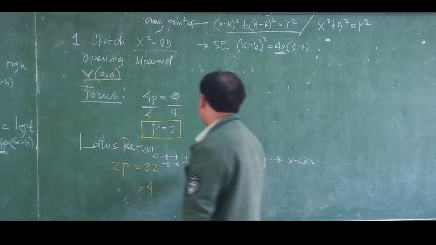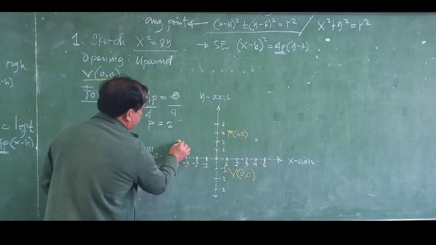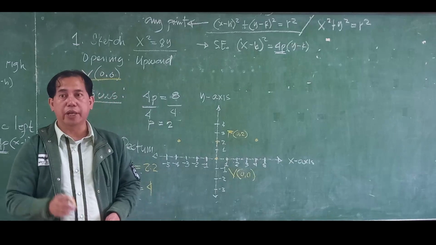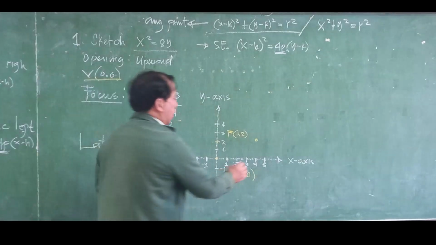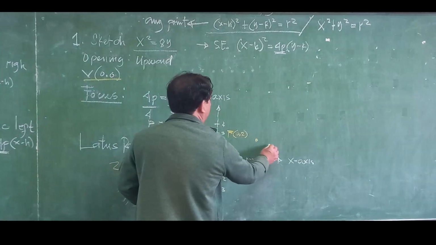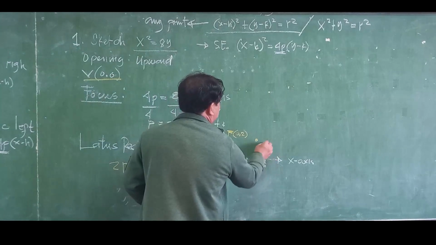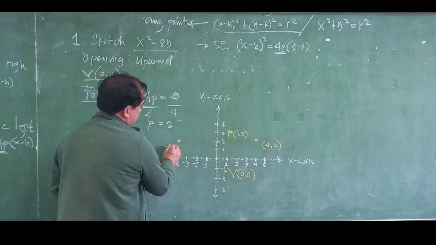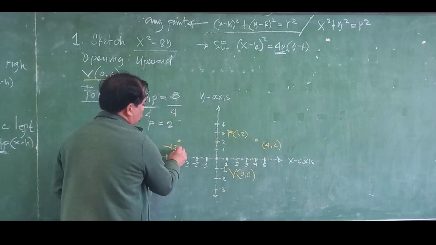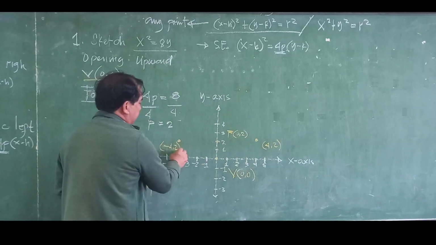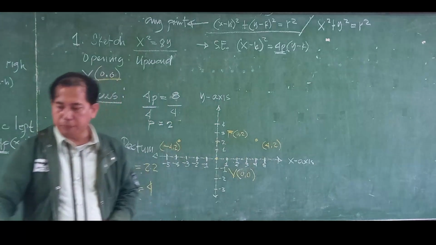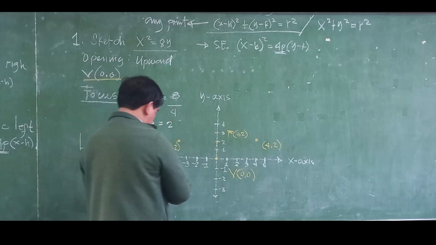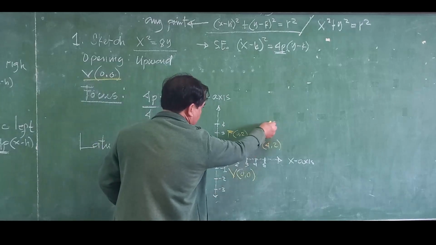It is in here. Okay? So what must be now the endpoints of the latus rectum? We have 4 and 2. How about here? Negative 4 and 2. Okay? So those must be the endpoints. That's the time you're going to connect. Draw now your parabola.